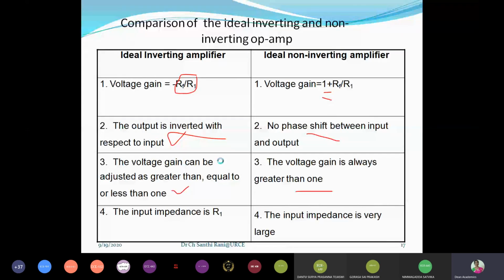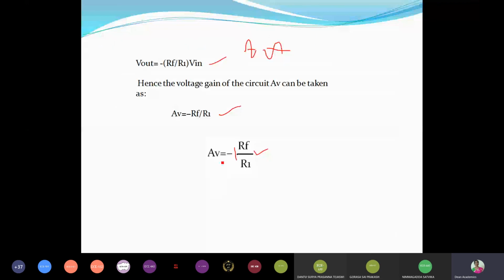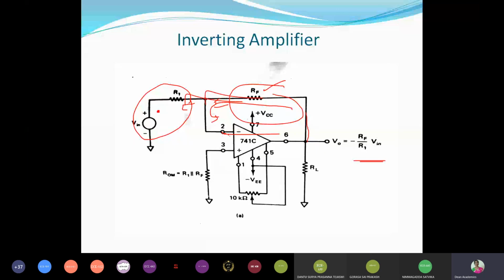So now let's go back to the amplifier, maybe inverting or non-inverting. I'll show you one inverting amplifier. Here we have not mentioned whether it is AC or DC; it works equally for both AC and DC.